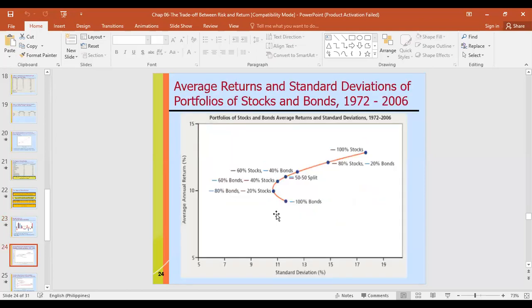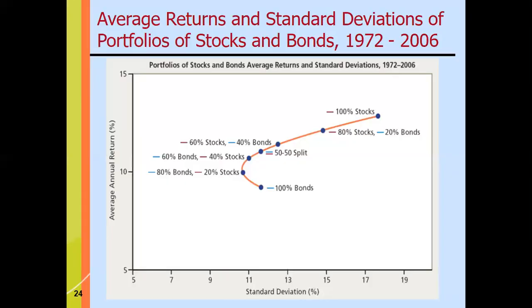And then we have here the average returns and standard deviations of portfolios that are now combinations of stocks and bonds from 1972 to 2006. The SD at the bottom is the risk, and the average annual returns are on the y-axis or the left side.